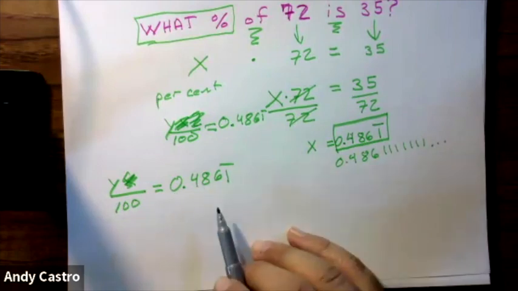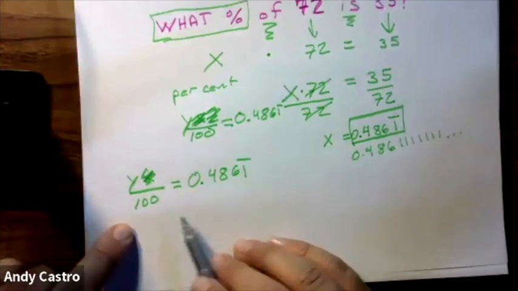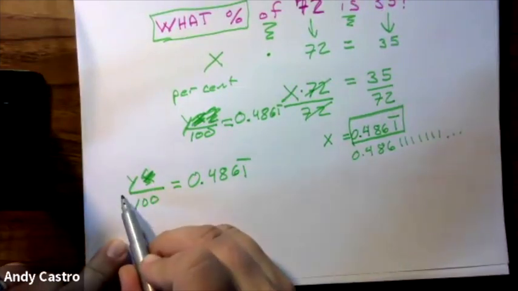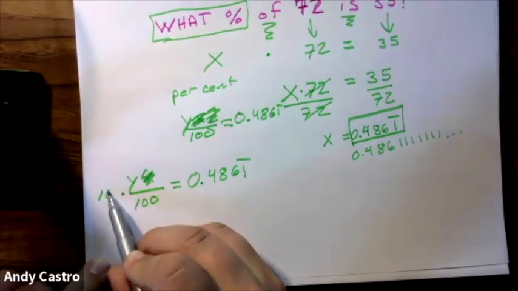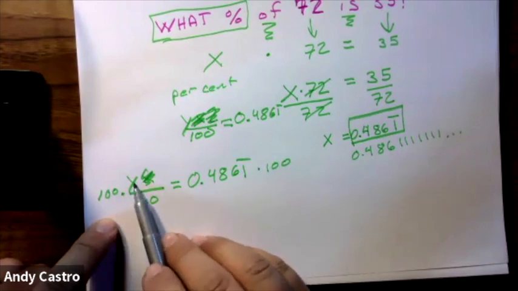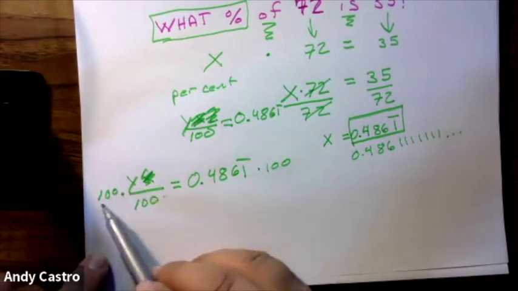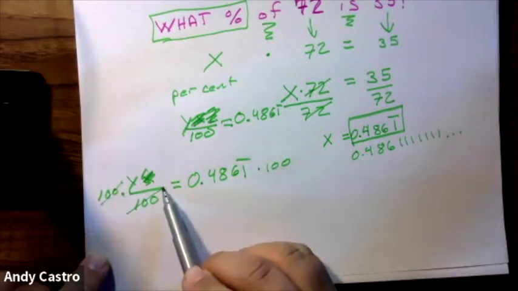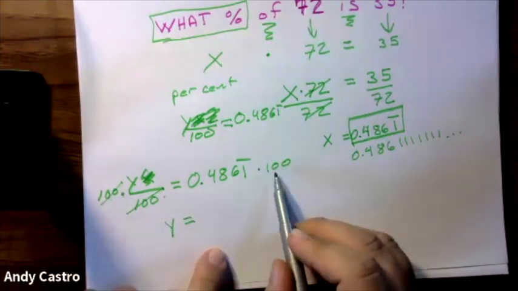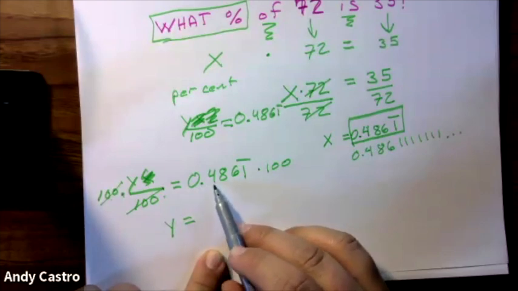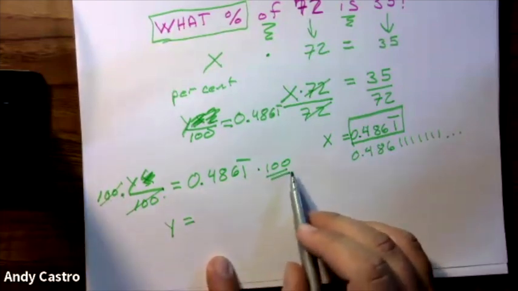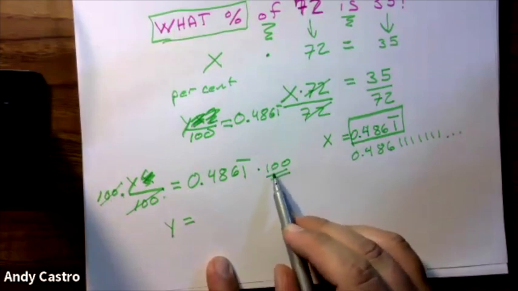0.4861 repeating. Now, if I'm dividing by 100, the way that I get y by itself is I multiply by 100. So 100 times y divided by 100, the hundreds cancel into 1 times y, which is just y. Now, 100 times 0.4861, you don't have to use your calculator here because it's easy when you're dealing with tens.